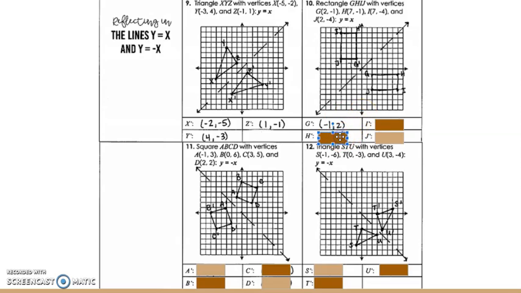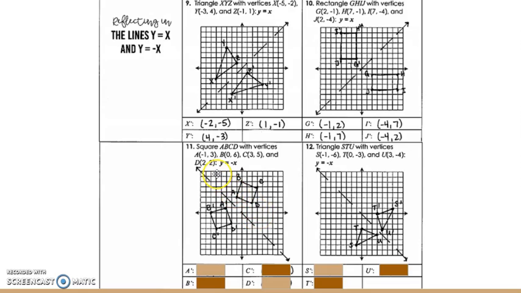If I have H as 7, -1, H prime is -1, 7. The same thing is going to happen for I prime and J prime. So I personally think that way is a little bit easier when we're reflecting over the y equals x line.